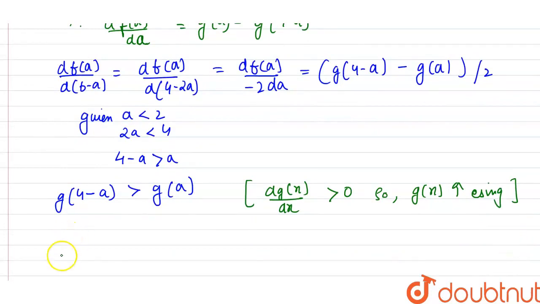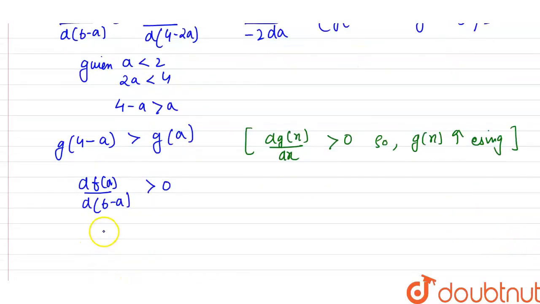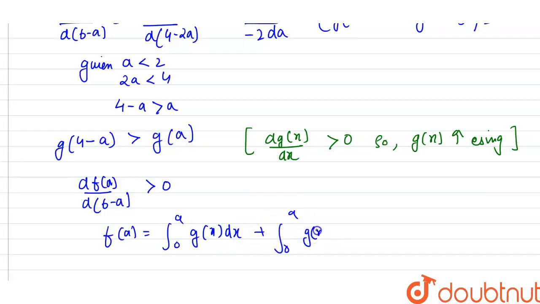So thus what we can say that d f(a) divided by d(b minus a) is obviously greater than 0. Therefore f(a) is equal to integration of 0 to a g(x) dx plus 0 to a g(x) dx.